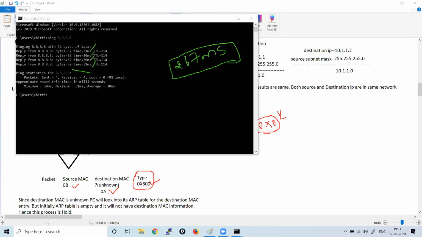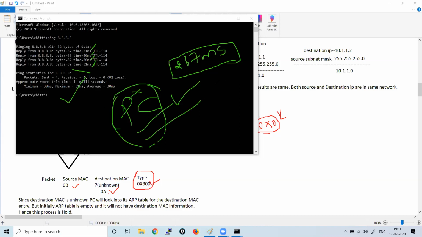Again, I'm saying the reason why: whatever is happening, who is the main boss of this? The PC. Without the PC knowing, these cannot happen. Who is calling those protocols? PC. Who is calling OSI? PC again. Everything is called by the PC. Who is performing the AND operation? PC again.